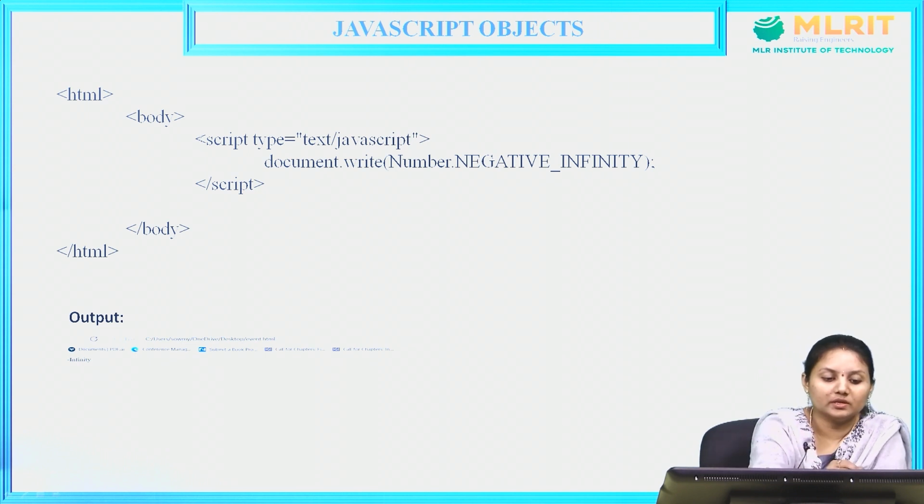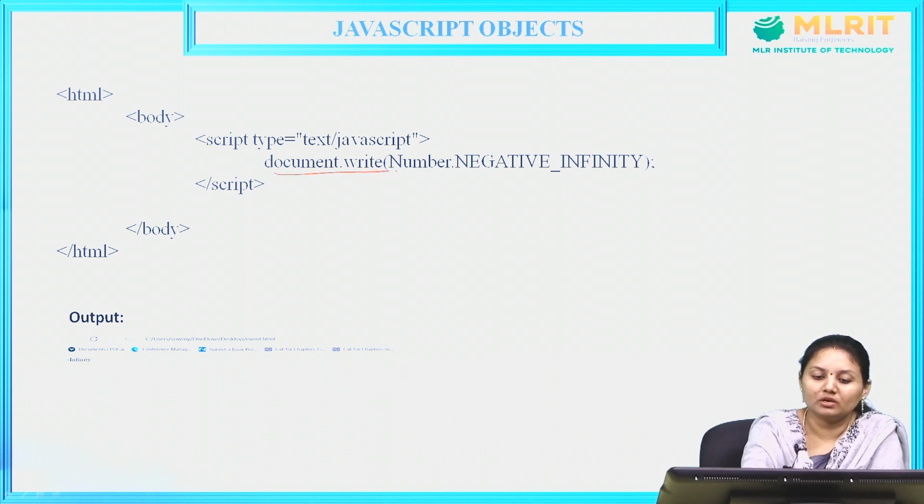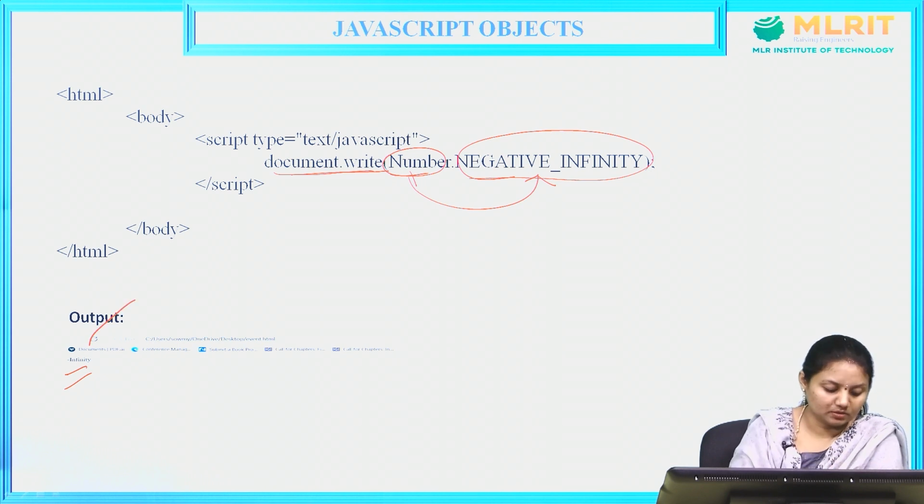The script is the same HTML with the script tag. What you are doing is replacing in document.write, you are using a Number object. Whatever property you are using here will be displayed. What is the property? NEGATIVE_INFINITY. So in the output, what are you getting?